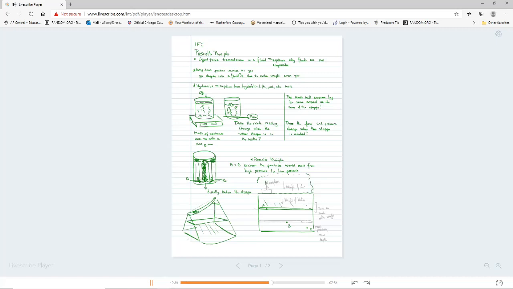So there's our atmosphere. All the air in the atmosphere is sitting down, so the weight of the air is pushing down, and weight of water is pushing down.